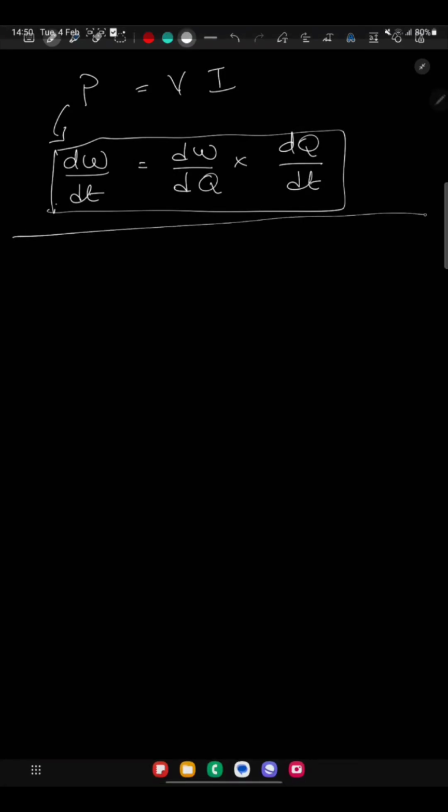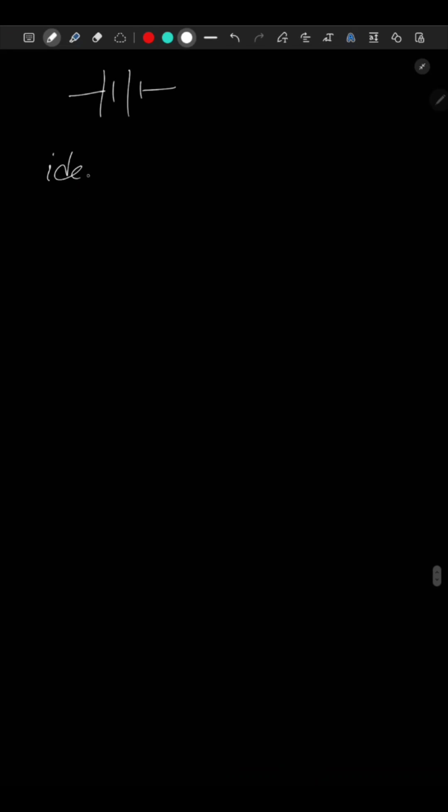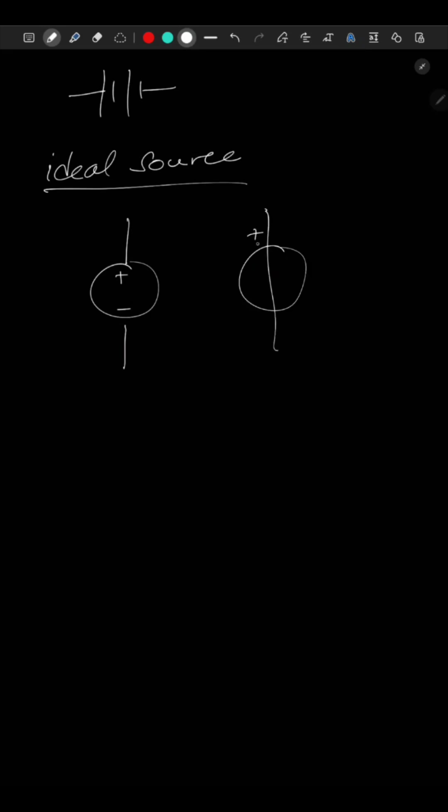So a source is either a voltage or a current generator that is capable of supplying energy to the circuit. For example, a battery is a voltage source. Sometimes an ideal source is represented using this symbol or this symbol.